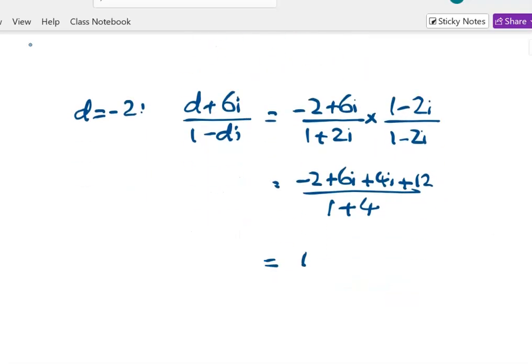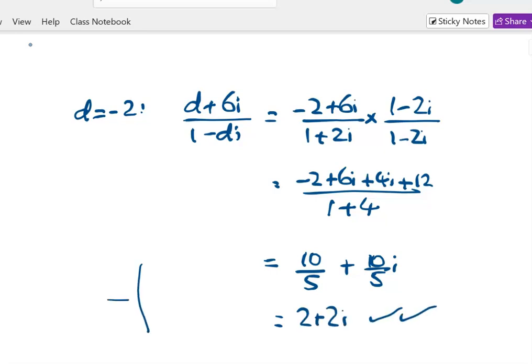That works out to a very nice 10 over 5 plus 10 over 5 i, which is 2 + 2i. That's fantastic, because we can see just from looking that the argument is pi on 4.